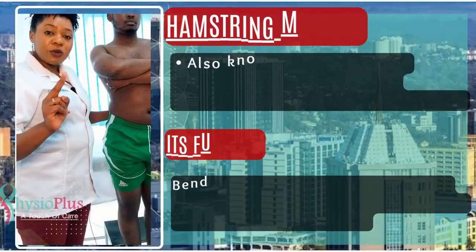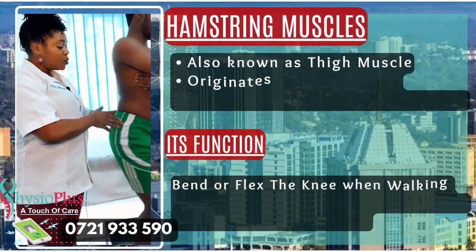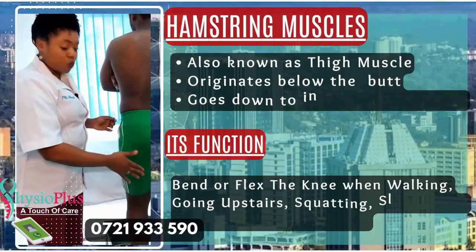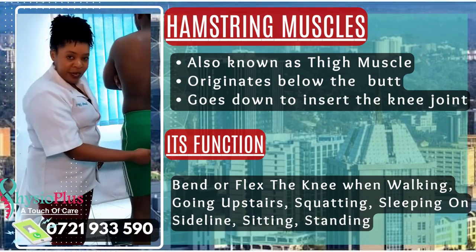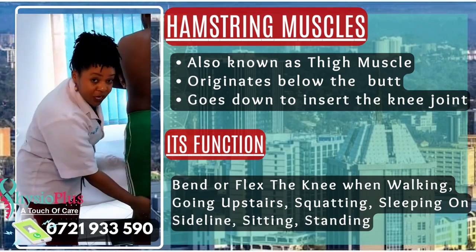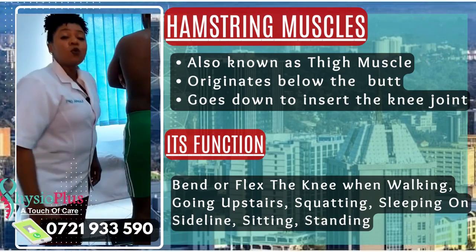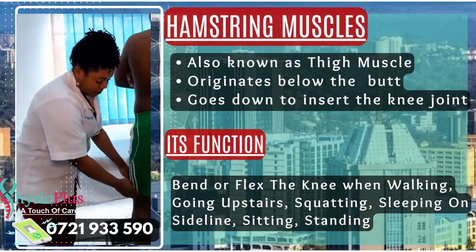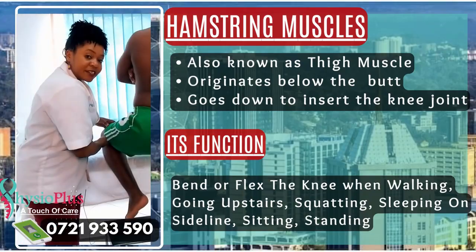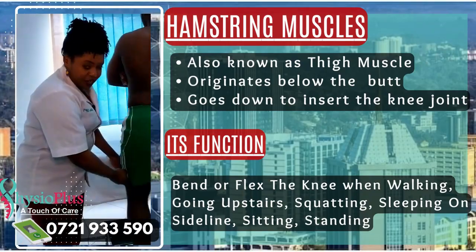The second muscle is the hamstring. We call it the thigh muscle, which is behind, and it usually originates just below the butt and goes to insert to the knee joint. Its function is to bend the knee or flex. When do we flex the knee?